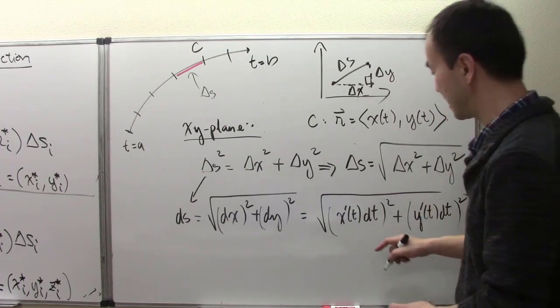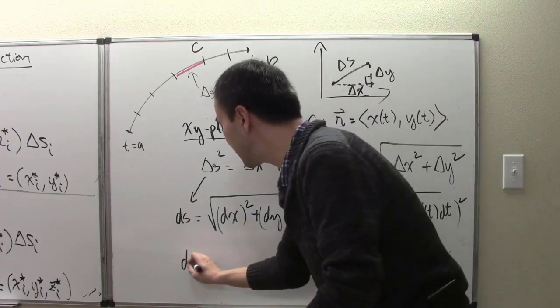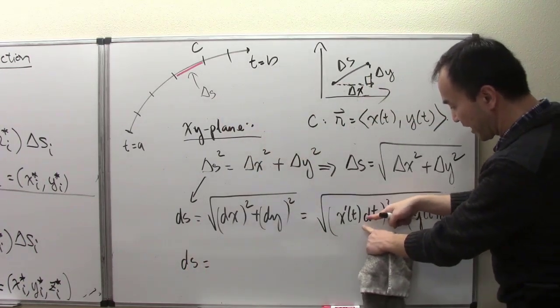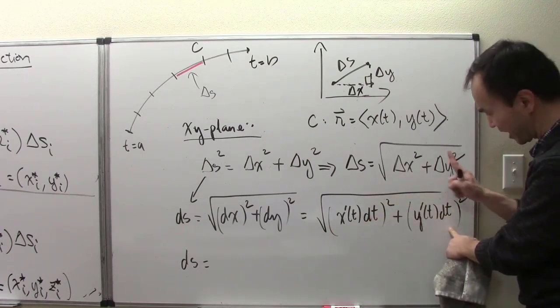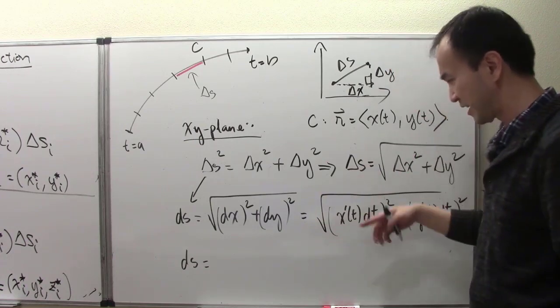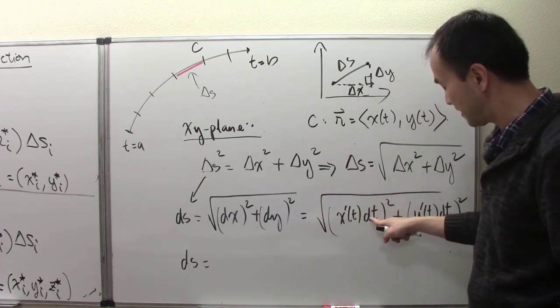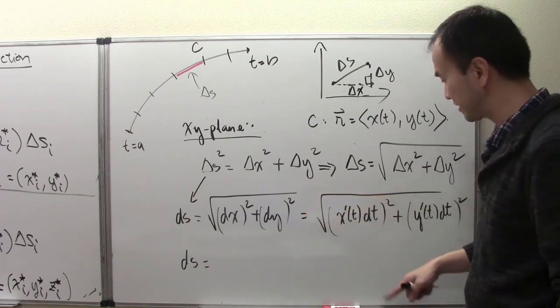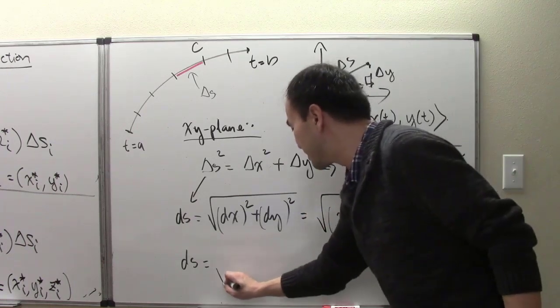And so in one further step, ds equals, and each one of these has a common factor of dt squared. Anyone viewing the video lesson should be comfortable enough with the algebra, so I can start picking up the pace. I'm going to factor out the dt squared and pull it outside of the square root.